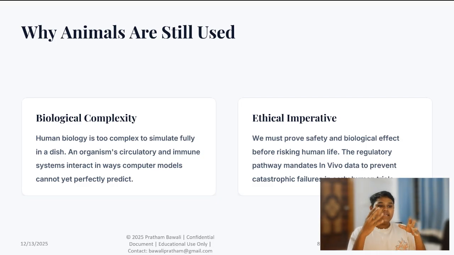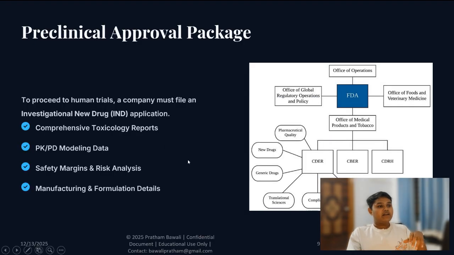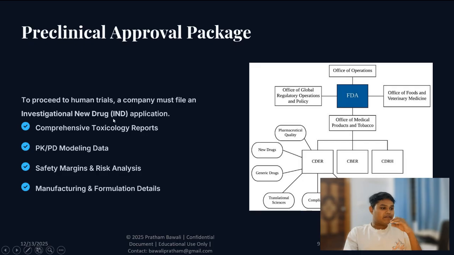The regulatory pathway mandates in vivo data to prevent catastrophic failure in human trials. Then preclinical approval packages: to proceed to human trials, a company must file an investigational new drug, or IND, application, which consists of comprehensive toxicity reports, then pharmacodynamics model data, then safety margin and risk analysis, and manufacturing and formulation reports.